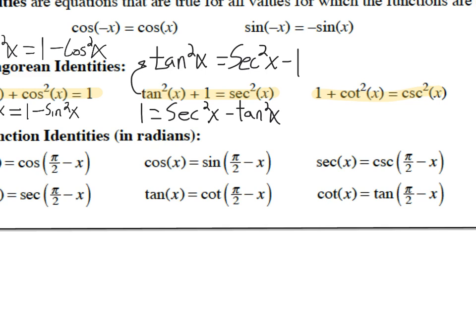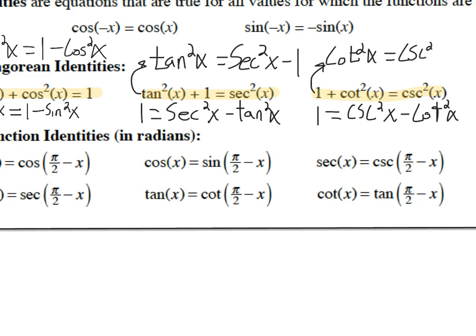Over here, if I was to subtract a cotangent squared from both sides, 1 equals cosecant squared x minus cotangent squared x. Or if I was to subtract 1 from both sides, cotangent squared x equals cosecant squared x minus 1.